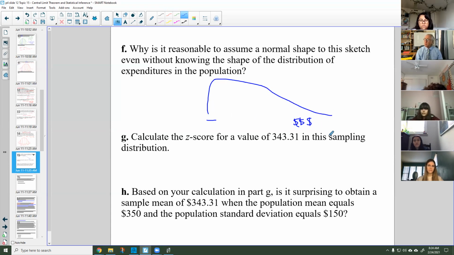I would think that's going to be skewed. But the fact that my n is greater than or equal to 10 is telling me that when I do a sampling distribution, it's going to be unimodal and symmetric. It's going to be normally shaped.